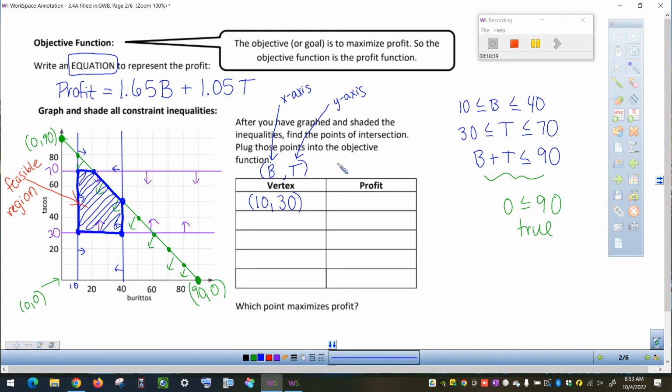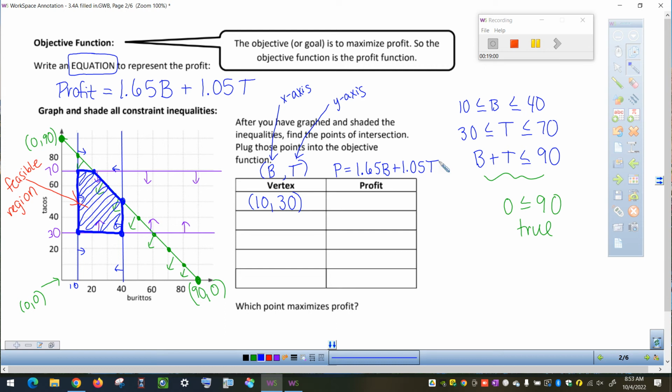So right here where it says profit, I want you to copy down the profit function. And I'm just going to use a P here to represent profit, but I'm just going to recopy it from what we wrote earlier. Notice how we're keeping everything in the same order. So notice how the B value that's listed first here, B comes first in our equation, T was listed second, T comes second.